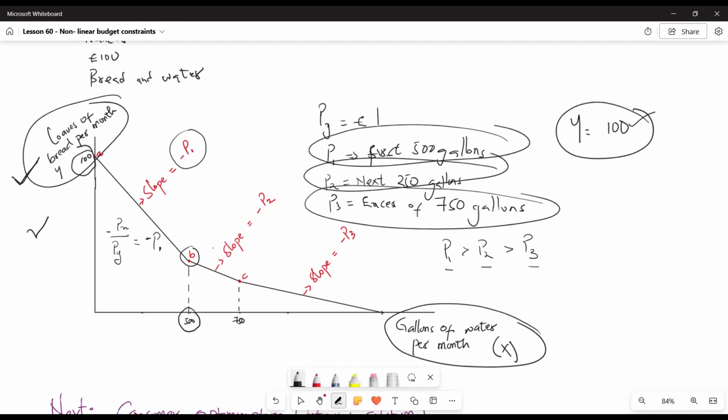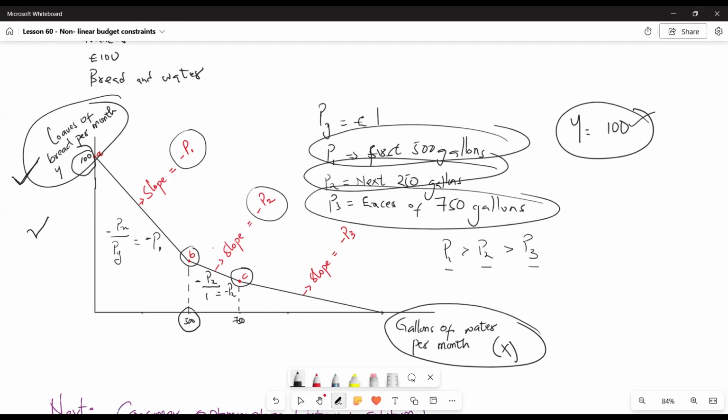Now, after consuming 250 extra units, the price of good X reduces to P2 per gallon. Between points B and C, the slope of this curve is now minus the price of good X, which is P2, divided by the price of good Y, which is still 1. So the slope now reduces to minus P2.